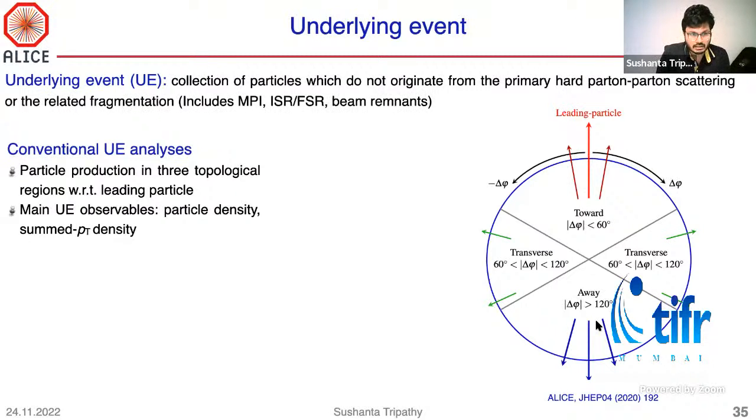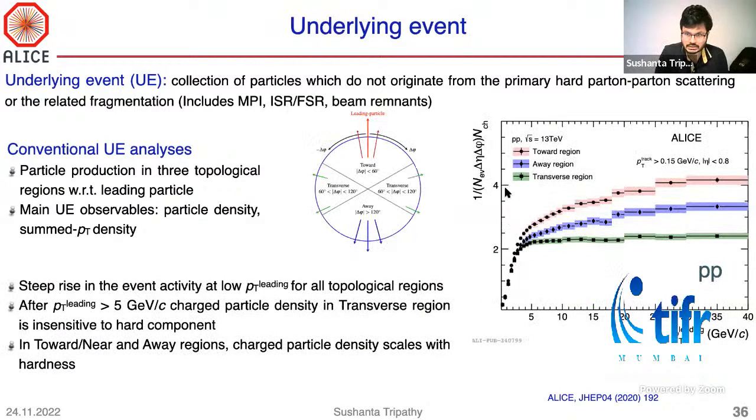The main underlying event observables we study are the charged particle density and the sum transverse momentum density. Here is a plot of charged particle density as a function of pT leading, the leading pT of the event, for pp collisions at 13 TeV. These different markers are for the different regions: toward, away and transverse.